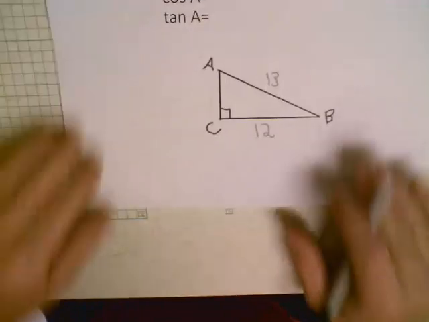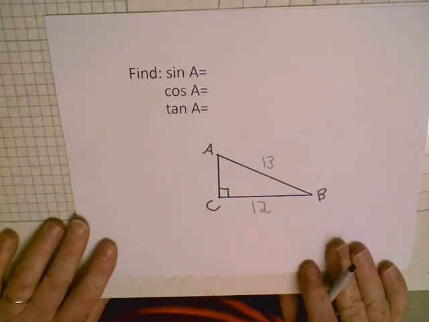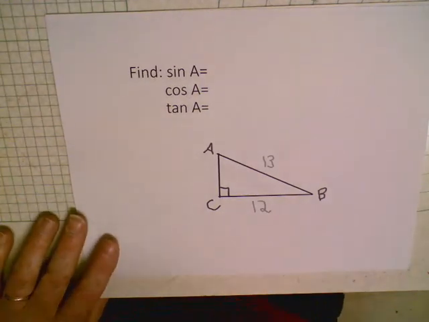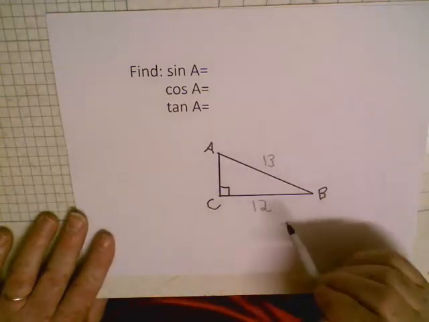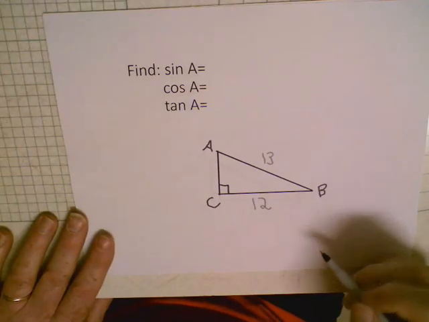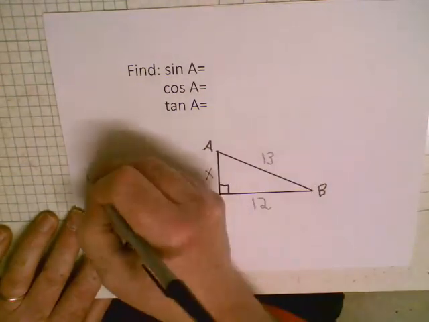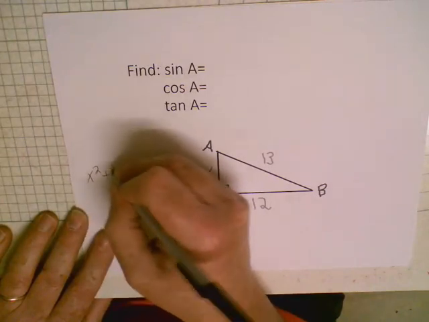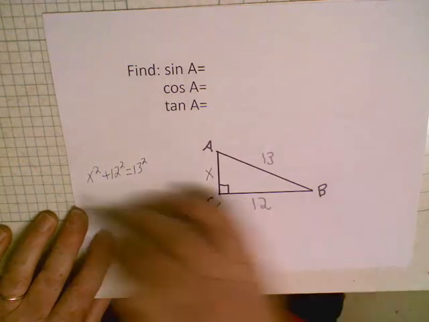So if I'm doing this, find the sine, cosine, and tangent of angle A. First thing you might have to do, which I have to on this one, sometimes you won't have to because they'll give them all to you, but you might have to find this third side. We could use Pythagorean's theorem, make this x if you wanted, and say x squared plus 12 squared equals 13 squared, and solve that.